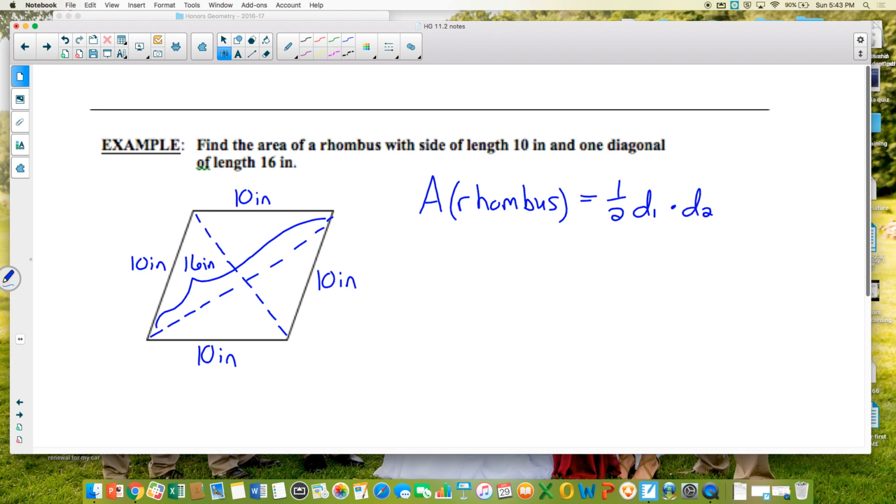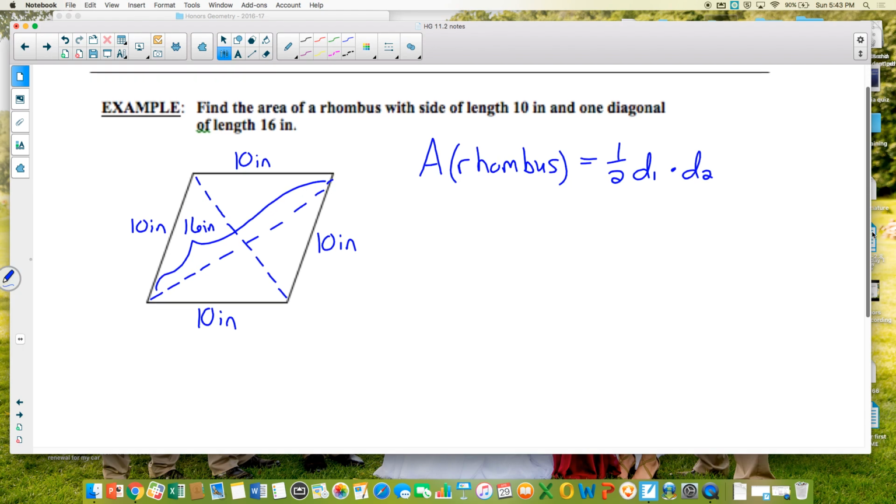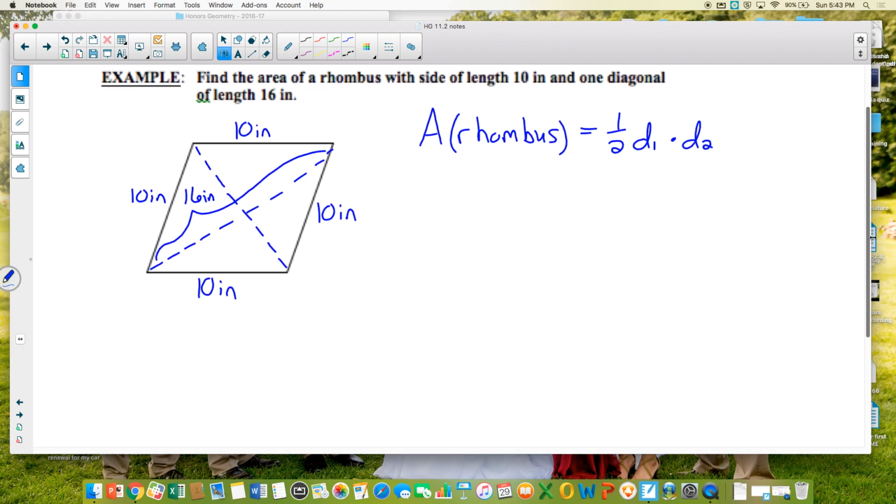We know what one diagonal is. We have to find the other. So we got to find our missing information. So we'll scroll down, give ourselves some room. We know diagonal 1 equals 16. Diagonal 2 is that missing piece of information. So how can we find diagonal 2?